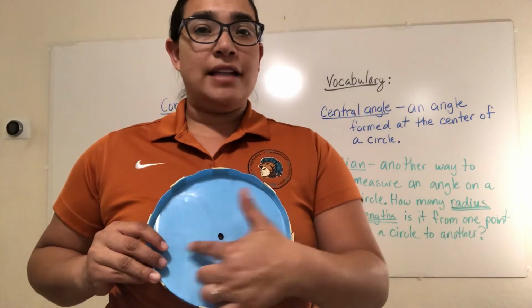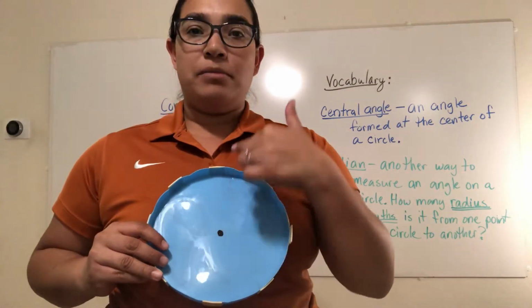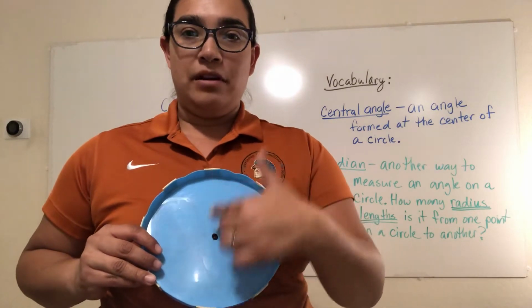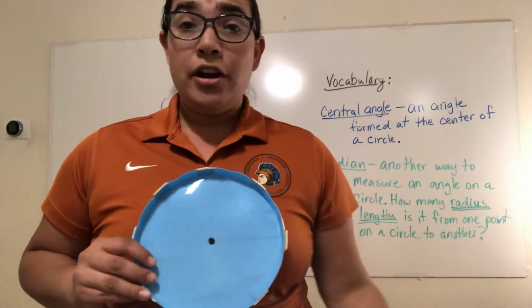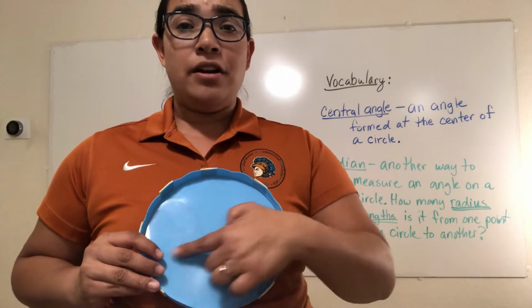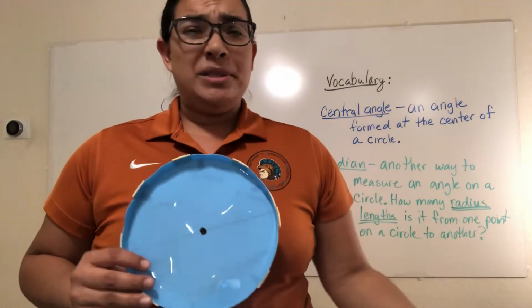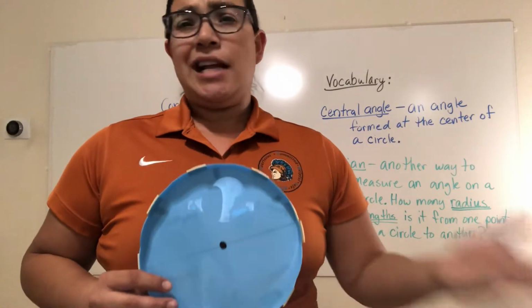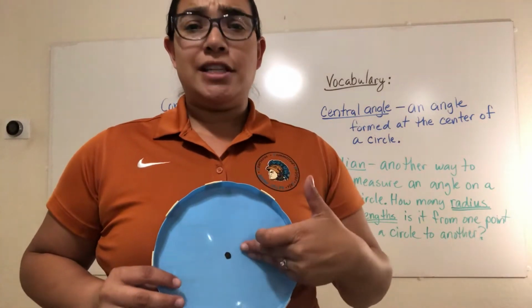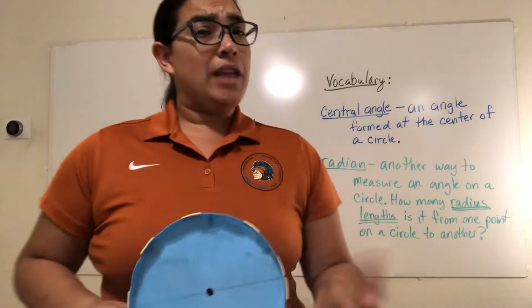That's a central angle. It's at the center of the circle, and 90 degrees would be this amount of an angle. You could say a 180-degree angle, but it has to start from the center and go a half turn. That would be a central angle. So central angle means exactly what it sounds like, an angle that starts at the center of a circle. That one should be easy.